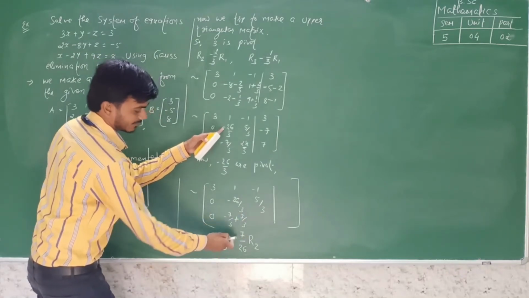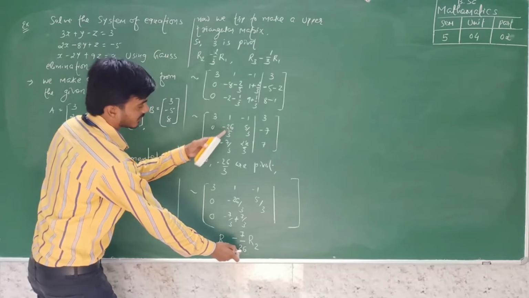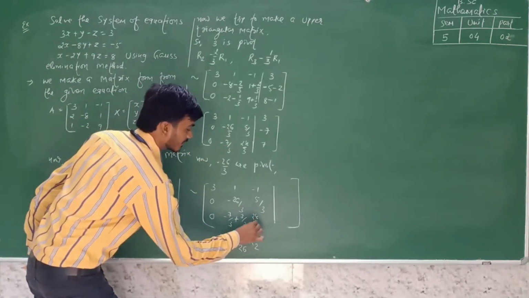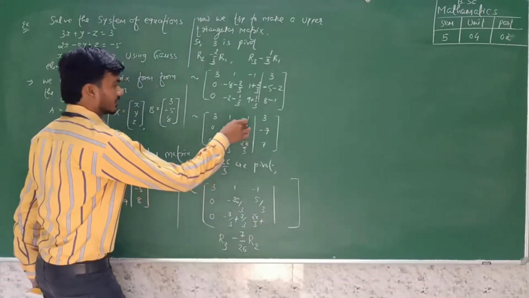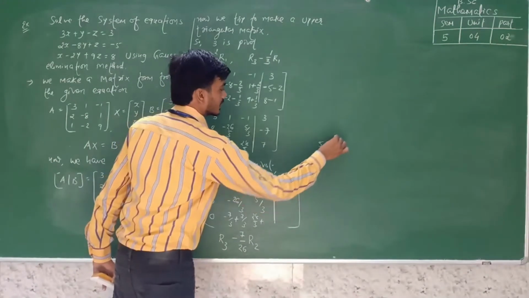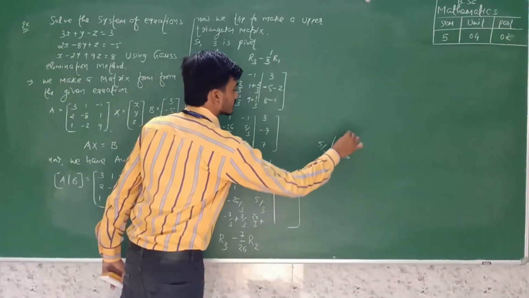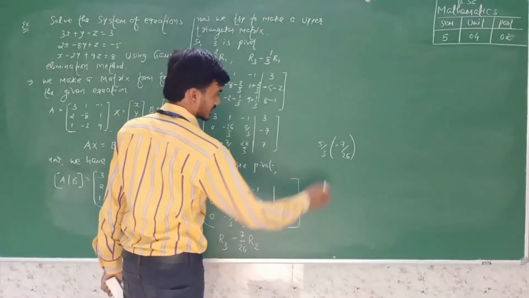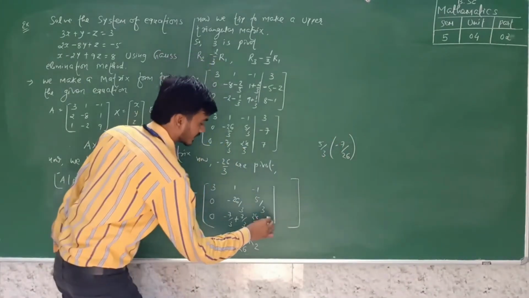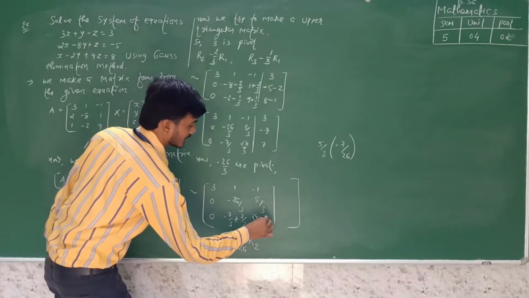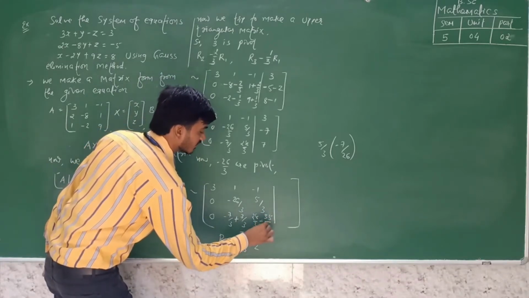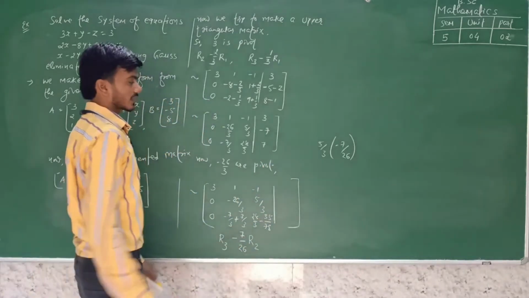Plus, minus minus plus, 26 cancel, plus 7 by 3 will be added there. 28 by 3 there and will be added 5 upon 3 into minus 7 by 26, minus 35 upon 78.